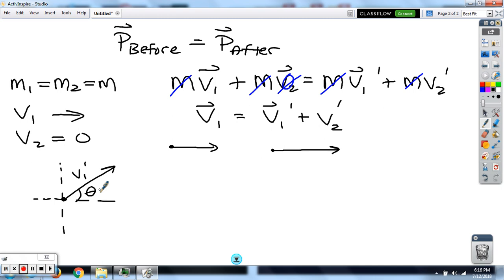Well, how can we compensate for that when we know that together V1 prime plus V2 prime have to add up to give us nothing more than a vector off to the right.